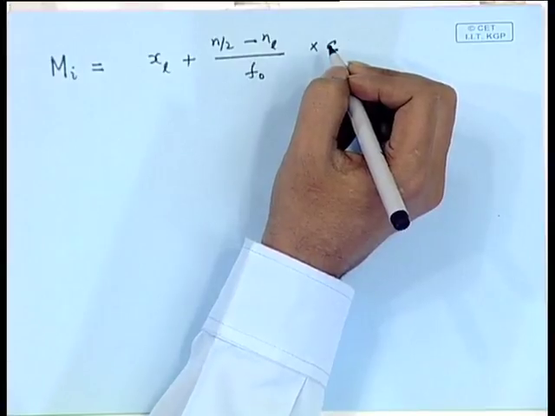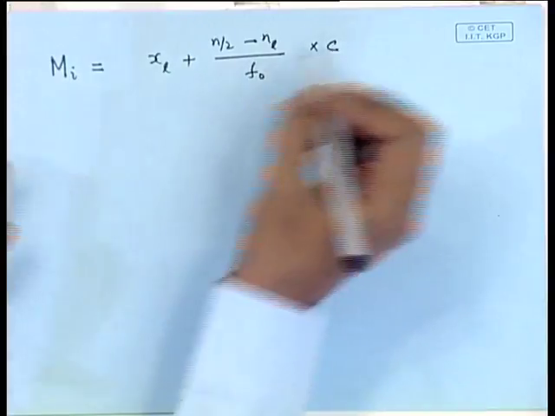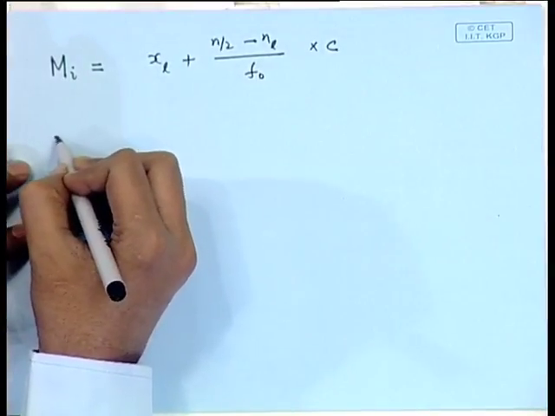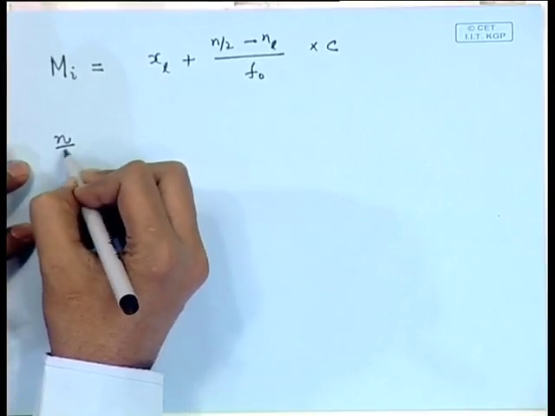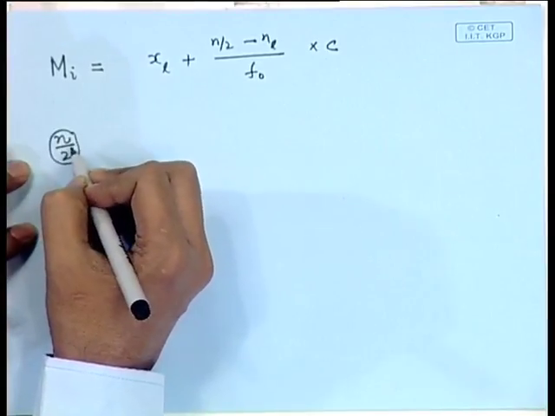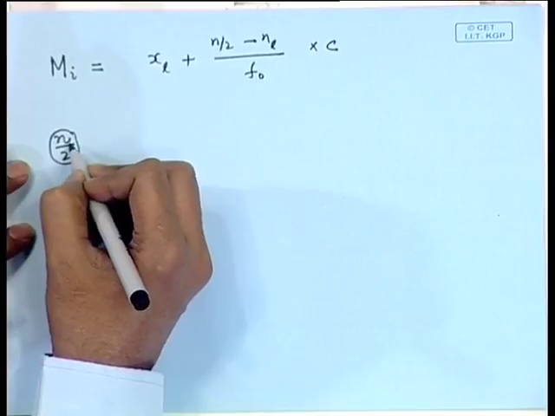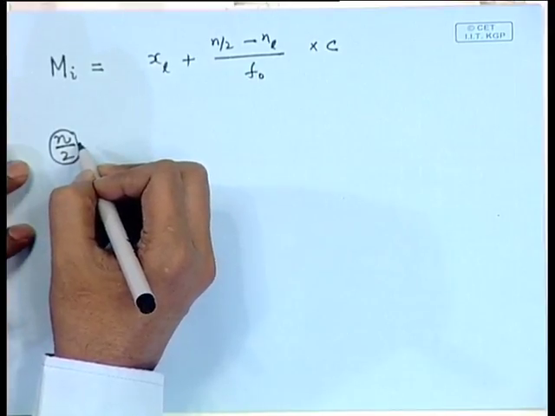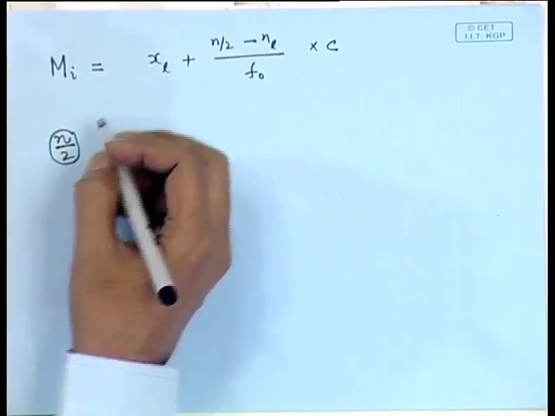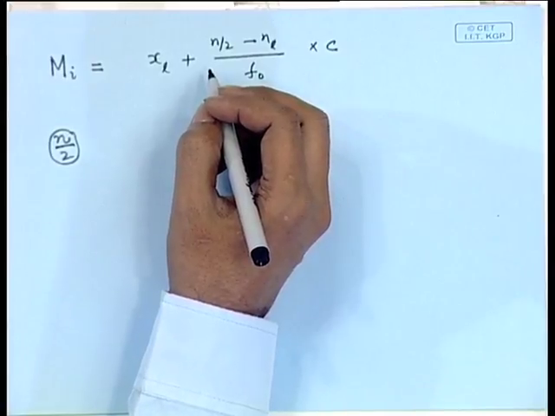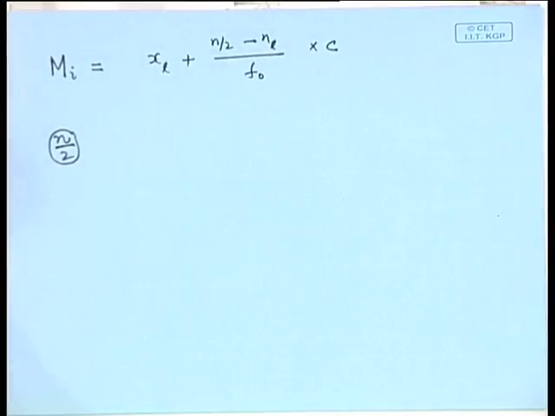So, what we do? We firstly consider the total frequency, that is n, and we consider up to which class n by 2 is coming. So, we look at the cumulative frequency table. Let me explain it through an example.